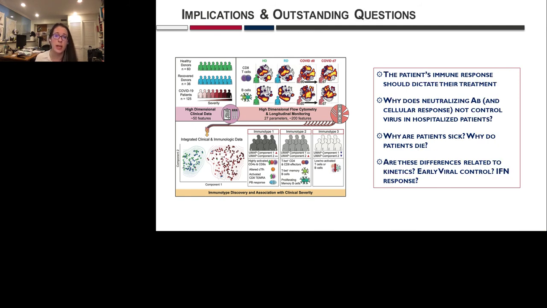And I think this work has some really important implications and leads to many, many outstanding questions. First, I think the most important thing to realize is that we need to consider the patient's immune response in thinking about how to treat each individual patient. There are now hundreds of trials, probably thousands worldwide, trying different kinds of strategies to treat COVID-19 patients.